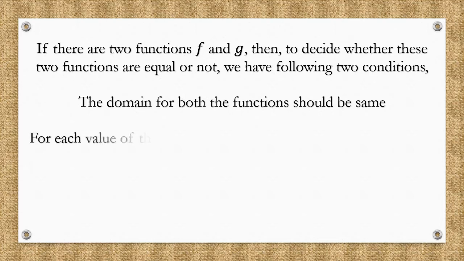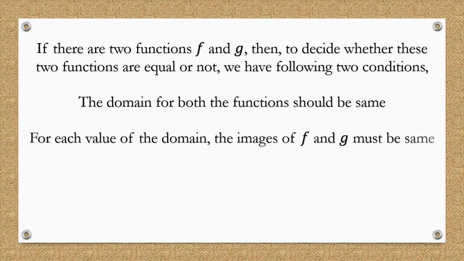The second condition is that for each value of the domain, the images of f and g must be same. That means when I take each and every value of the domain and put it in the functions f and g, the answers which I get, the images which I get, must be same.